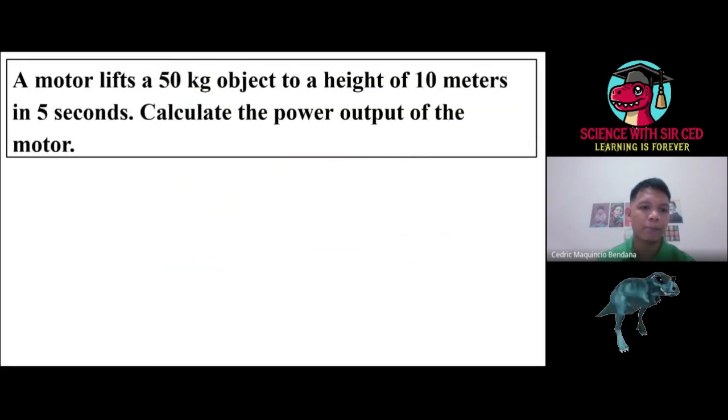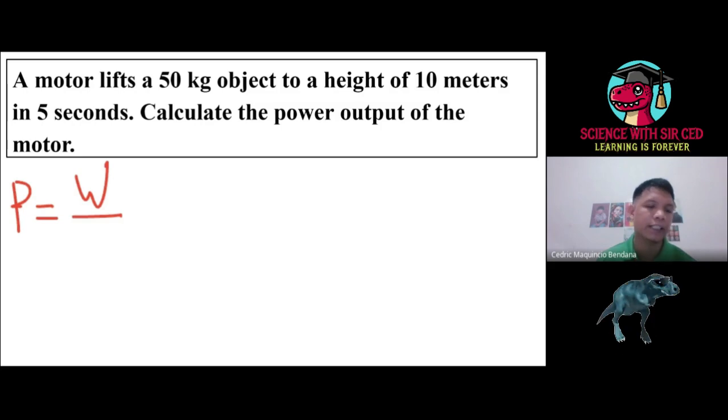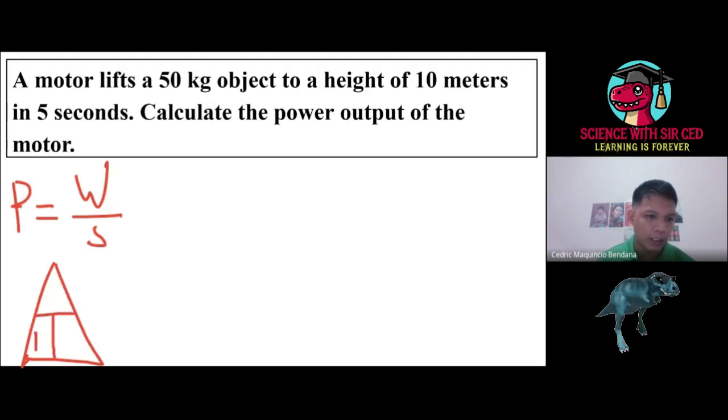Okay, a motor lifts a 50-kilogram object to a height of 10 meters in 5 seconds. Calculate the power. Power can be calculated by work divided by the time. We can also use the triangle for that. Power is work divided by time. I'm sorry, this is supposed to be letter T, not S. In this situation, we are calculating for power output.